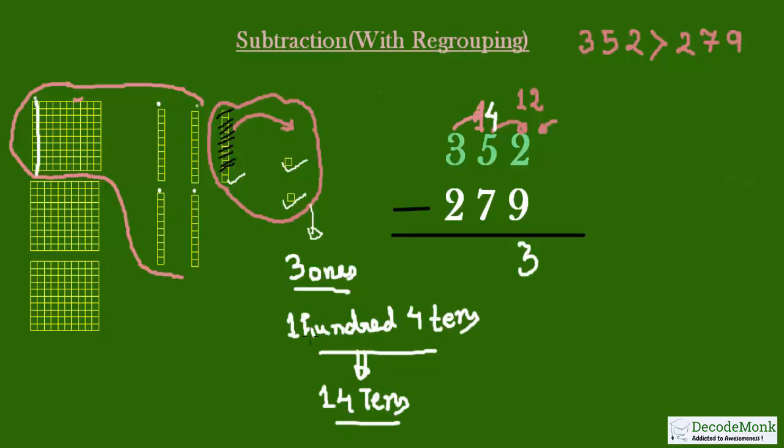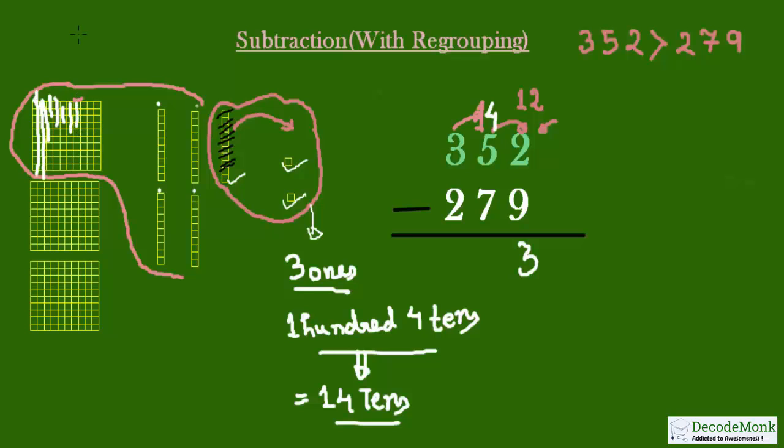So you see this is equal to 14 tens, because here you have got 10 tens and here you have got 1, 2, 3 and 4 tens. So 14 tens minus 7 tens. If you cut out or remove 7 tens, 1, 2, 3, 4, 5, 6 and 7.